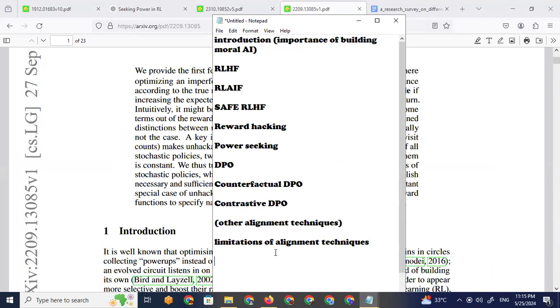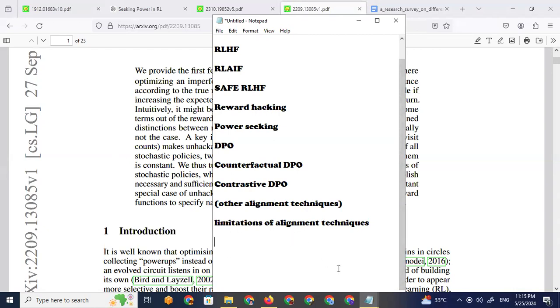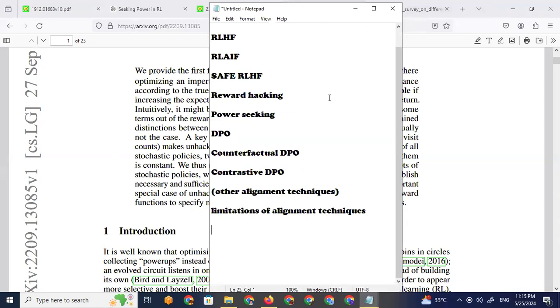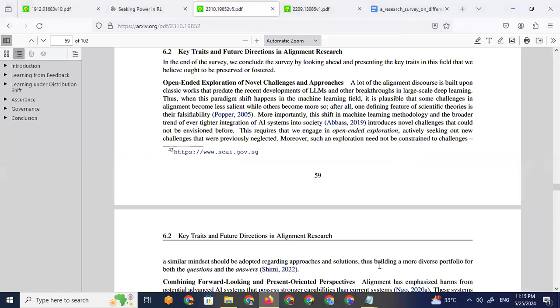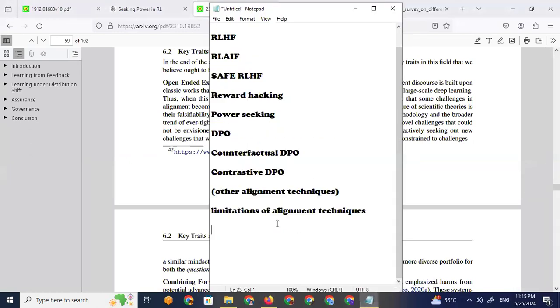And after specifying the limitations, we'll come to the idea of making AI actually conscious. We'll try to understand what consciousness is. And after that, we have the conscious AI paper, right? The other point of view of building conscious AI.